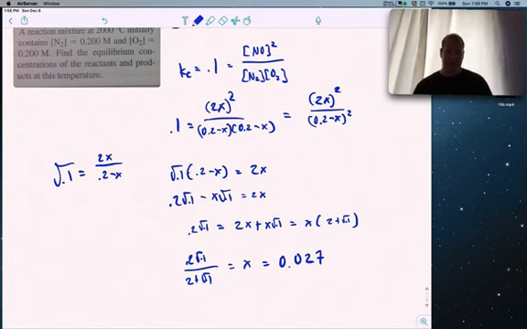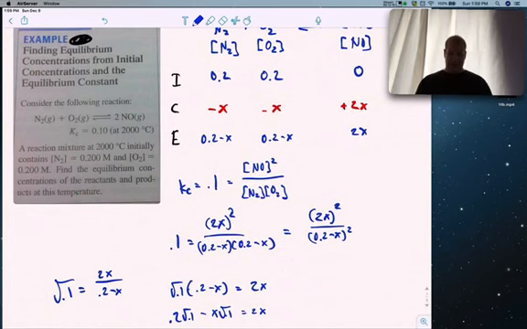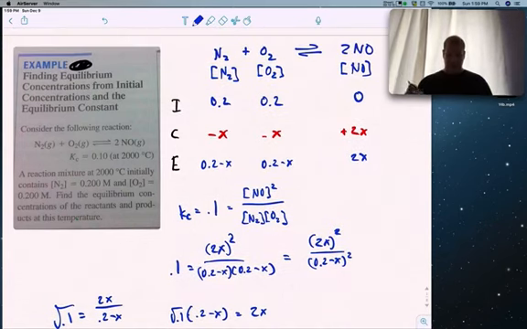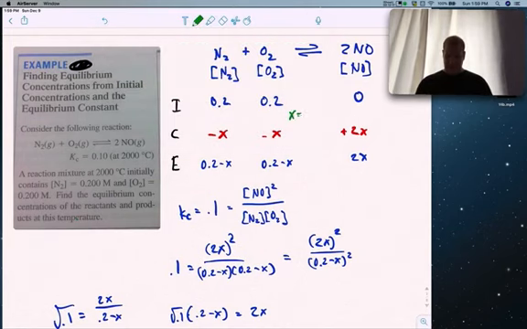Then we put this in our calculator, and I forgot to put the 0.2 there. We solve: x is 0.027. Then we go back up here and apply x equals 0.027.